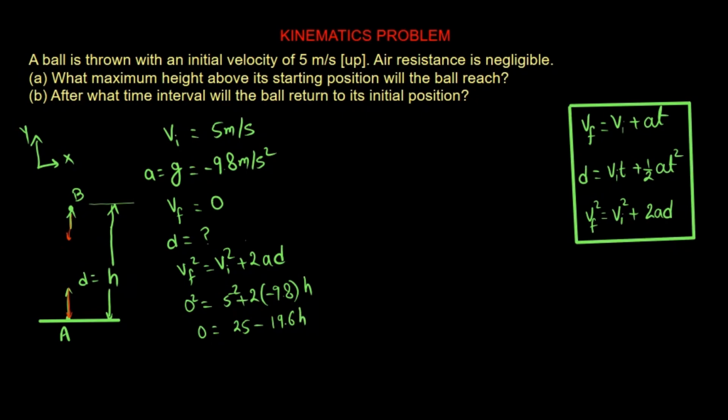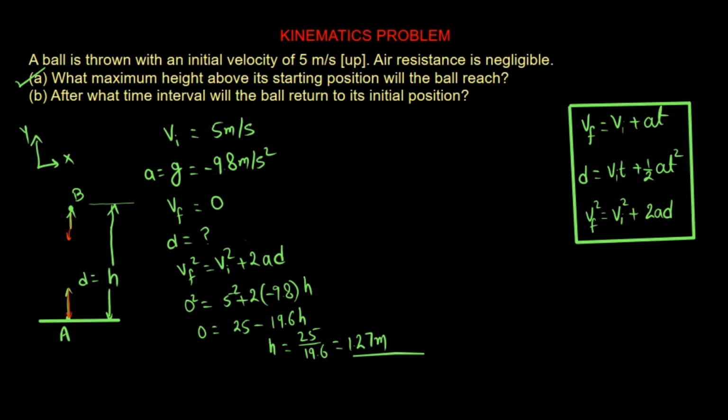From here you solve for h and you get h equals 25 over 19.6, or 1.27 meters. So the maximum height that the ball goes is 1.27 meters, which is the height from A to B. We have completed part A.